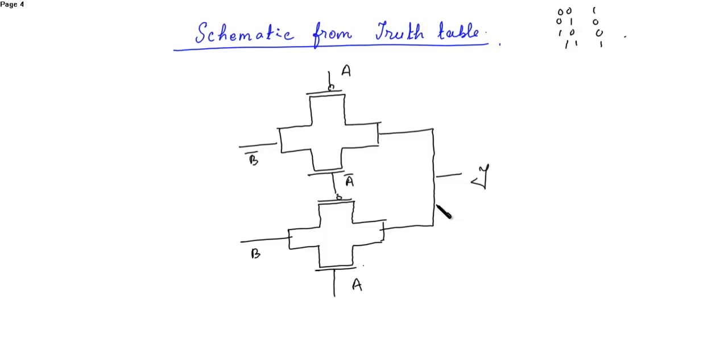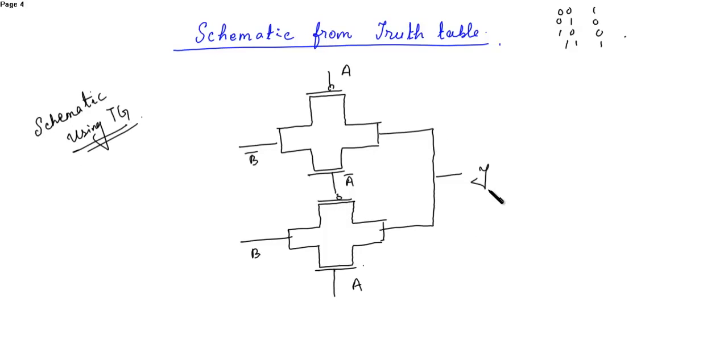So this is the twisted schematic, sorry, not the twisted, the normal schematic using the truth table, that is using transmission gate. So this is the schematic using the transmission gate.